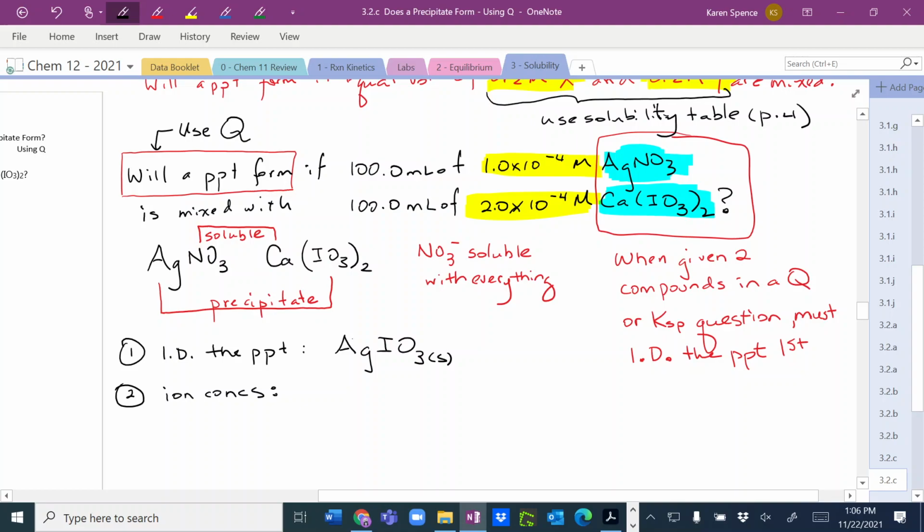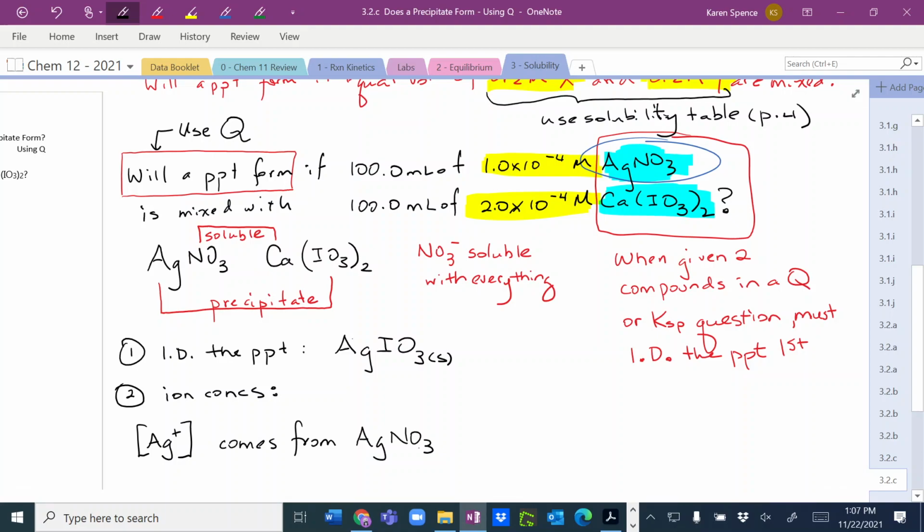So for silver, where is the silver coming from? Coming from silver nitrate. If we go back to our question, that's where it comes from. So it comes from AgNO3. But we can't form a precipitate until we've mixed those two solutions together.